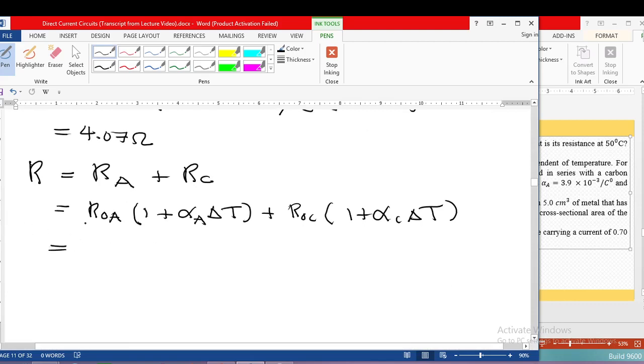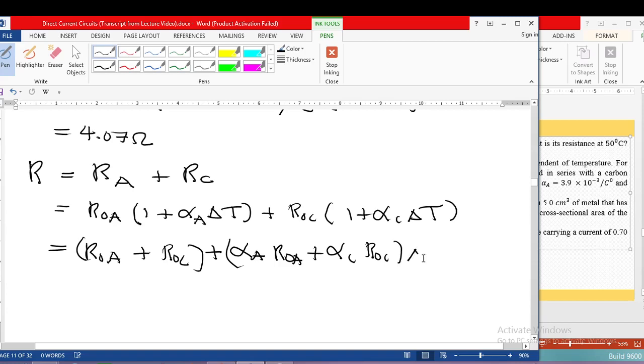Rearranging this, we have R sub naught A plus R sub naught C, plus alpha A R naught A plus alpha C R naught C, times delta T.